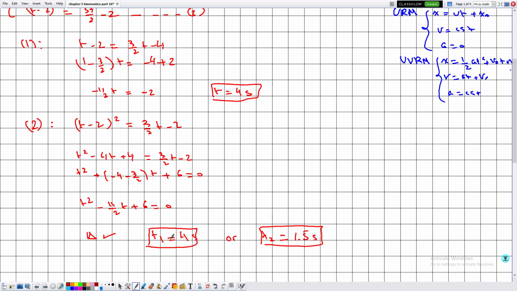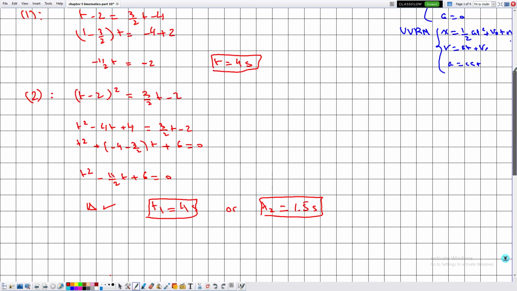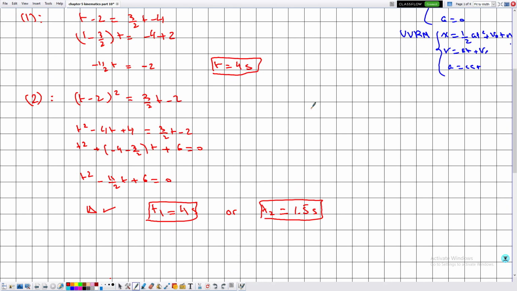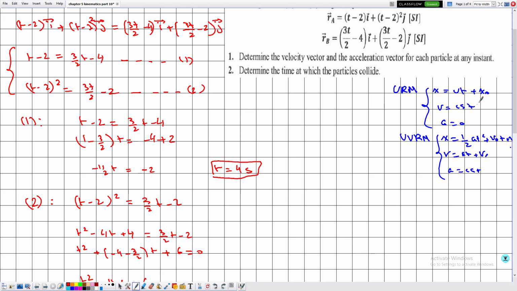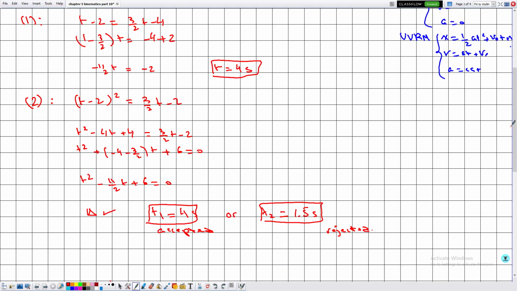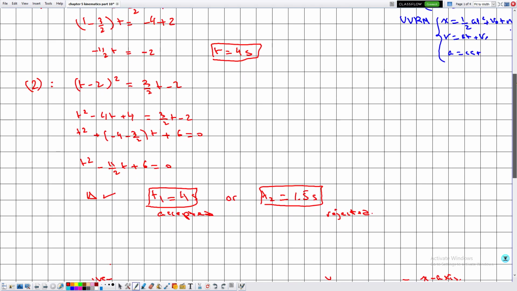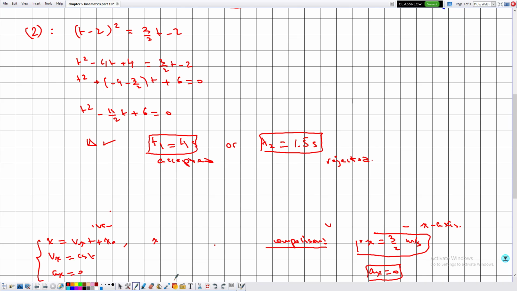So now if you consider the fact that t is always positive, both solutions are accepted, but we will only consider this one to be accepted and this is rejected, simply because we are solving two equations at the same time. So both equations must have the same solution, and the same solution is given by t = 4 seconds.